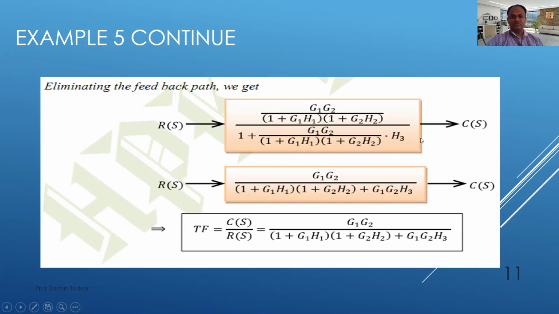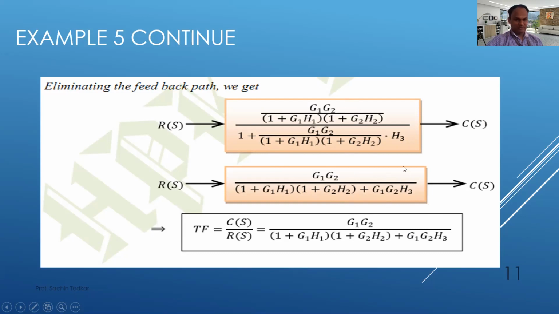But in the case of your multiple choice questions, this answer will not be given. They may give you this type of answer. So you have to simplify this with the help of denominator cancellation process. So for that, you have to practice a lot, because in that denominator cancellation process, we have to work out what will be the numerator, what will be the denominator.